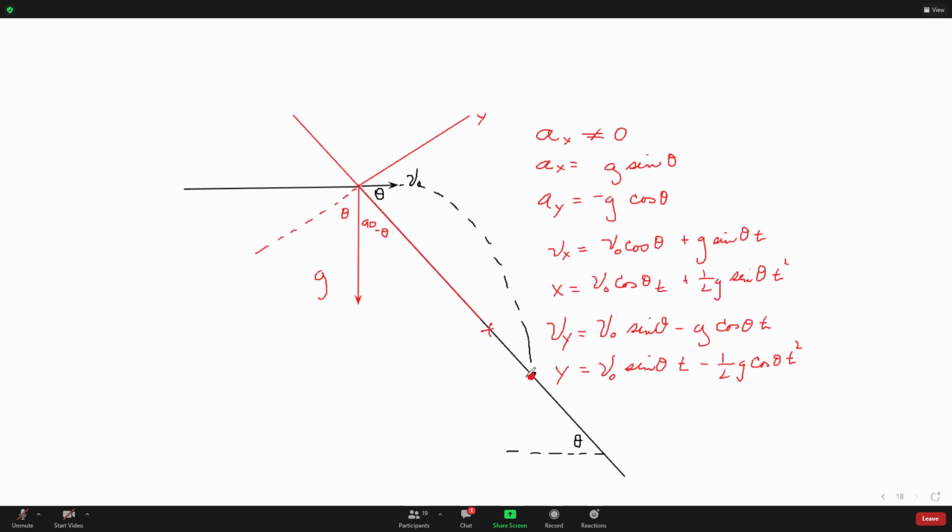And I'm assuming the cliff face is sufficiently high that it will hit the cliff face instead of the horizontal plane below the cliff. Okay. So, you want to think about that problem? And I'll see you again on Wednesday.